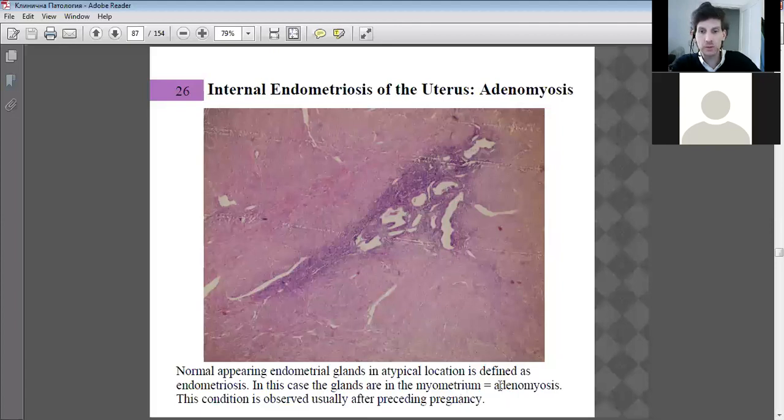And he calls this adenomyosis. This condition is observed usually after preceding pregnancy. Basically the tissue has changed its nature, if you like, in the uterus due to expansion of the uterus.